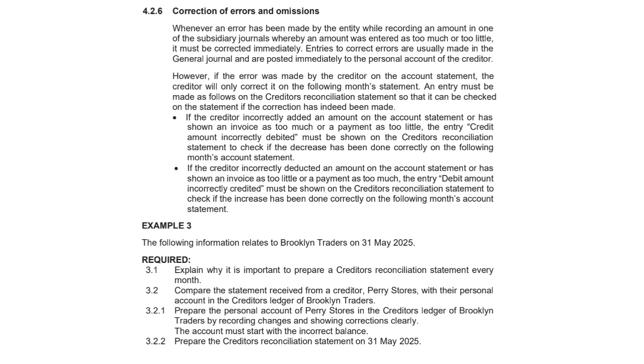Prepare the personal account of Perry Stores in the creditor's ledger of Brooklyn Traders by recording changes and showing corrections clearly. The account must start with the incorrect balance. 3.2.2. Prepare the creditor's reconciliation statement on 31 May 2025.